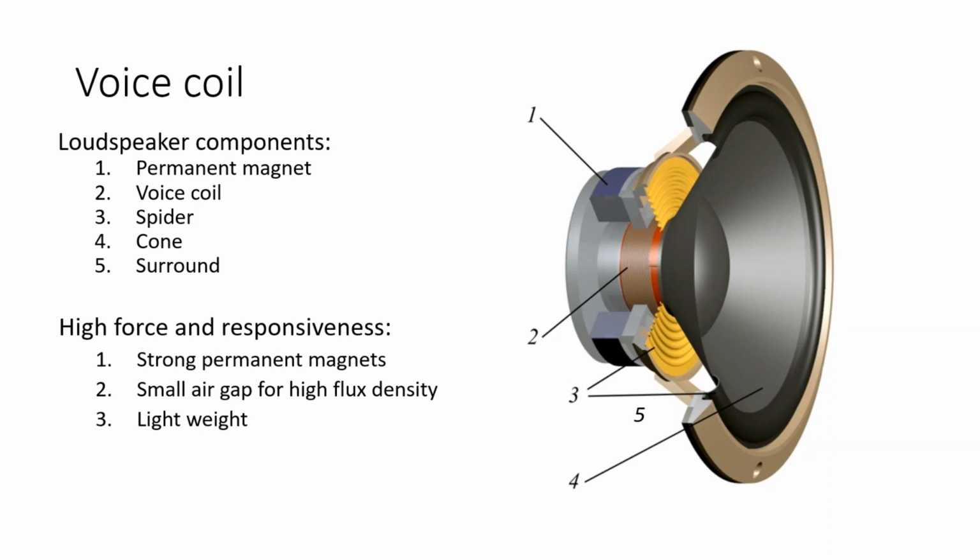That's why in voice coils the only thing that's moving is just these few turns of copper wire, which is usually quite light, and that way the loudspeakers manage to maintain this responsiveness that is so important.